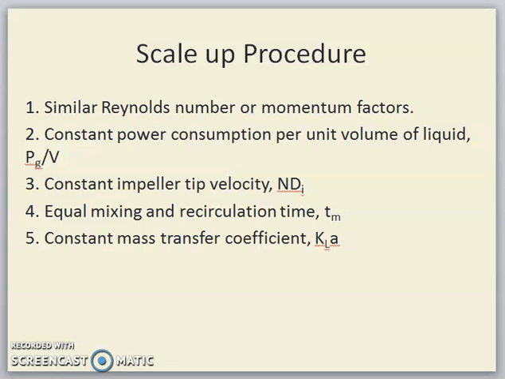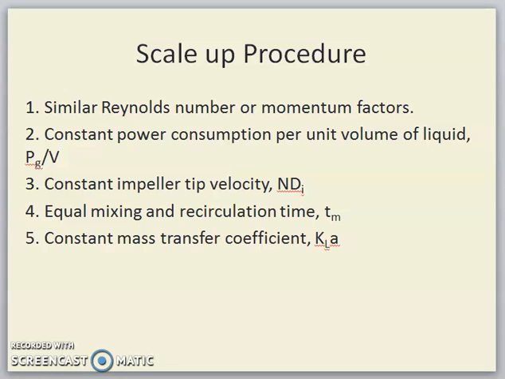To scale up from the small fermenter into the larger fermenter, these procedures can be used. You can use a similar Reynolds number or momentum factors. You can also use constant power consumption per unit volume of liquid, Pg/V, or constant impeller tip velocity, NDi, in order to scale from small to larger fermenter.